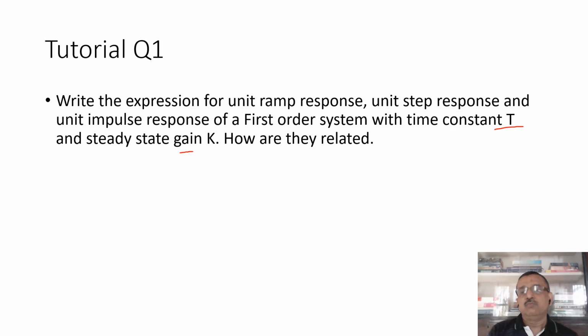But what is interesting is how they are related. I'll tell you a hint. If you integrate a step, what will be the output? If you differentiate a step, what will be the output? Think about it and do this problem.